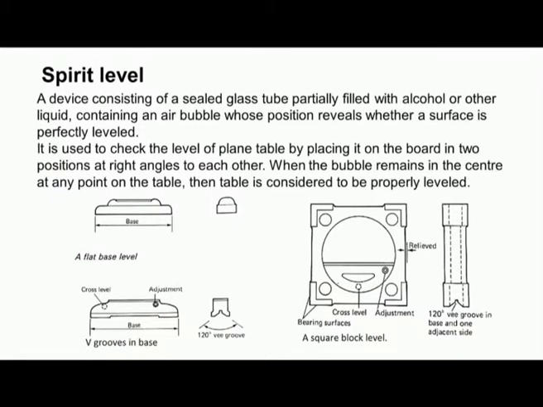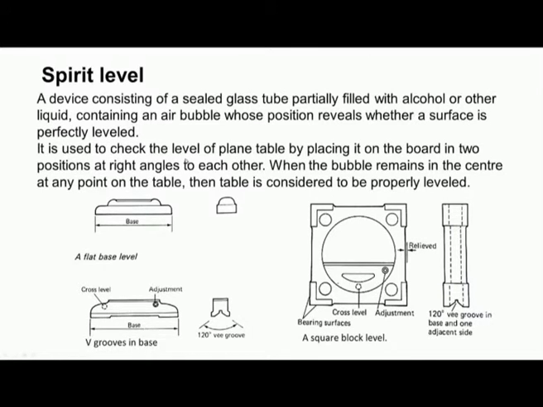Now, let us move to another instrument, the spirit level, which is mostly used for measurement of tilt of surfaces. This is a device consisting of a sealed glass tube partially filled with alcohol or other liquid containing an air bubble whose position reveals whether a surface is perfectly leveled.